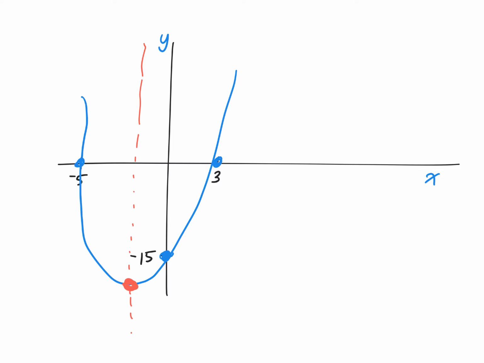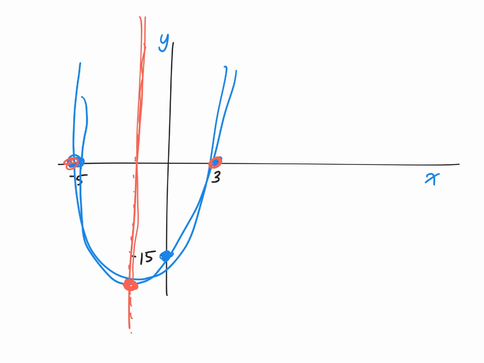I didn't sketch this very well, but it should be more like this. It's actually halfway between the two x-intercepts, right? Does that make sense looking at it? The vertex runs halfway between my two x-intercepts.